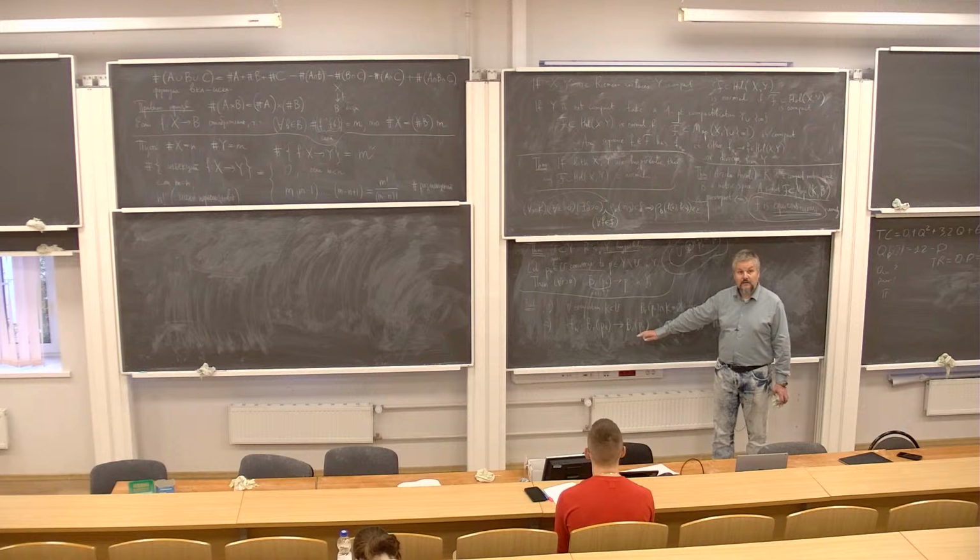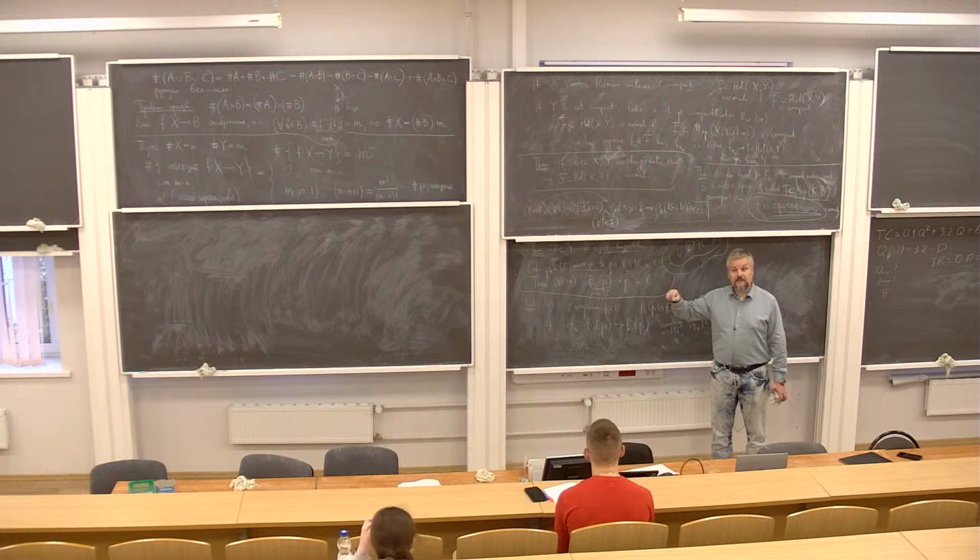And in Y, this must converge to a point. How do we prove that this converges to a point? To prove that something converges to a point, we need to prove that any subsequence contains a further subsequence that converges to a point, right? That would be enough. Do you agree?